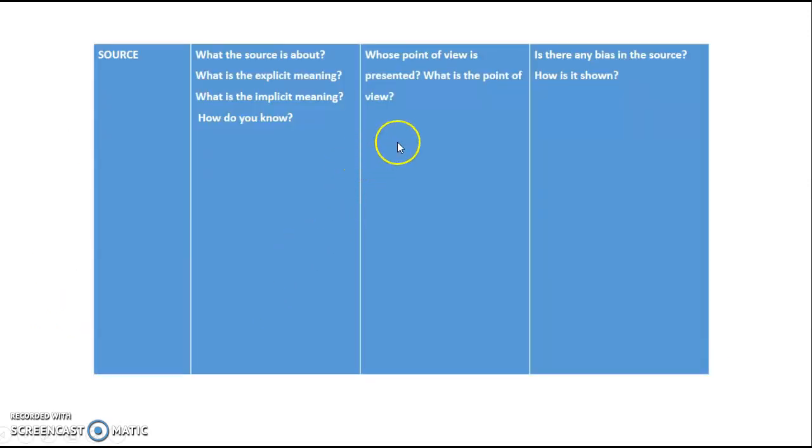So whose point of view is being represented? A senator in a position of power, an older white gentleman. This is someone who has been elected to put forward a particular point of view, which is that Australia has become a white man's country and it should be a white man's country.